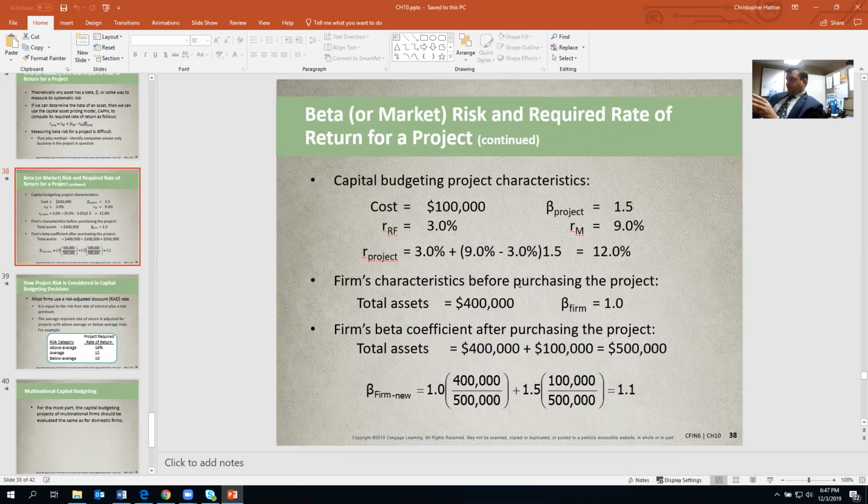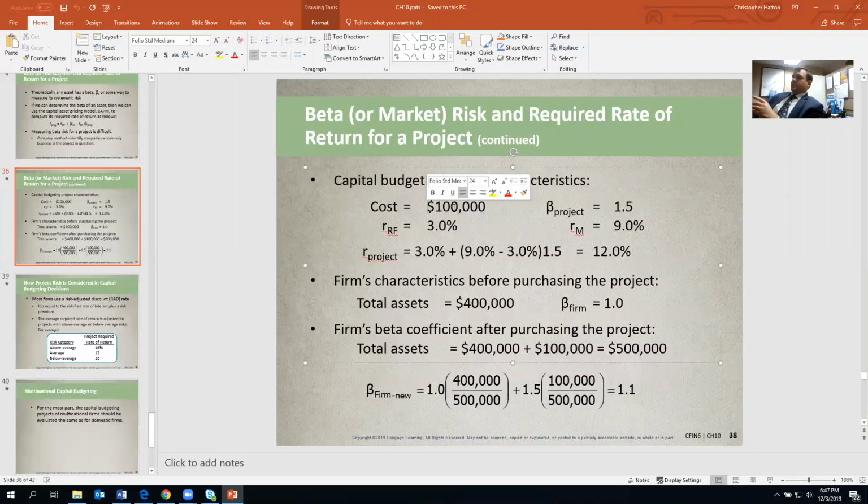The firm's characteristics before purchasing the project: total assets of 400,000, and the beta is 1.0. The beta coefficient after purchasing the project: the beta of the firm with the new project is 1.0 times 400,000 over 500,000, plus 1.5 times 100,000 over 500,000.